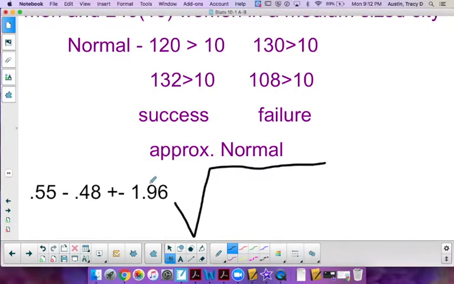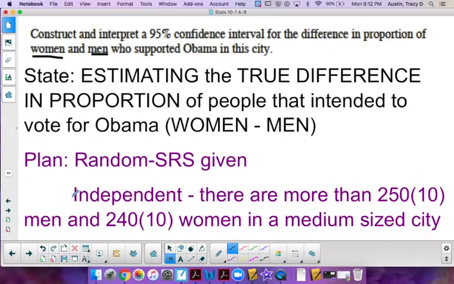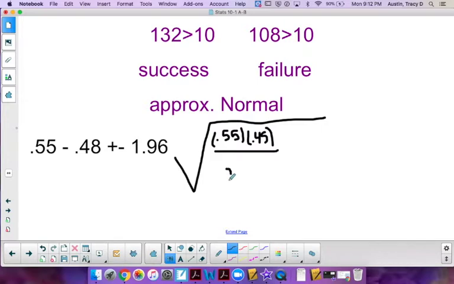All right, so now that I know my 2 pieces, it makes life easier. So 0.55 for the women times 0.45. And this actually doesn't matter if you screw up and put the men first because you're adding them anyway. So it's not like it's a big deal. In this one, for your statistic, it matters what order. And there were 240 women. Okay.